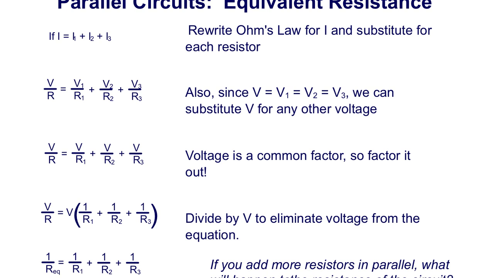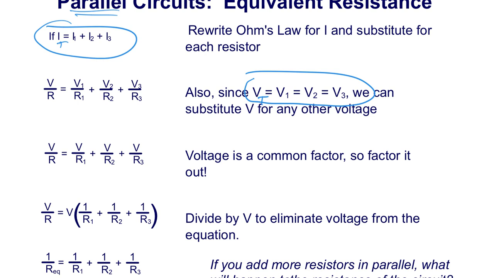Okay. First, the current splits off into whatever number of resistors in parallel. And they have to add up to be IT. So that's the first rule for parallel circuits. The second rule for parallel circuits is right here hiding.